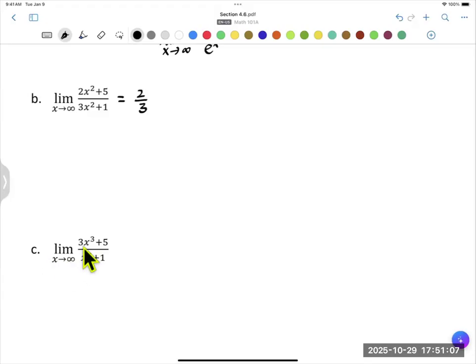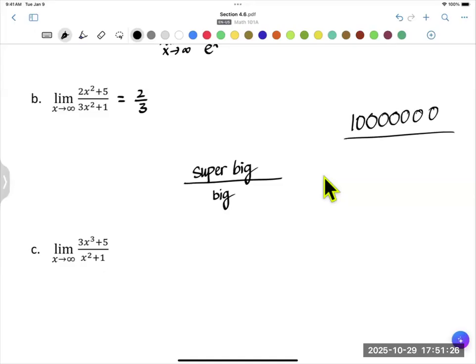When I put in a huge number, the numerator will be super big, and the denominator will be big, but not as big as the numerator. So if you have a huge number like 1 million and you divide by 10, you still have a very huge number, right?